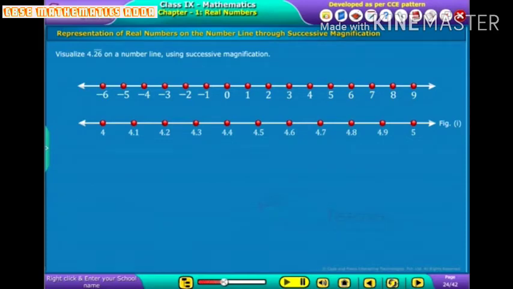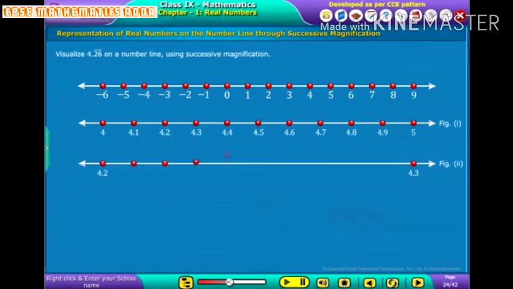Now, look at the portion in between 4.2 and 4.3 using magnifying glass and realize that 4.26 lies between them as shown in figure 2.